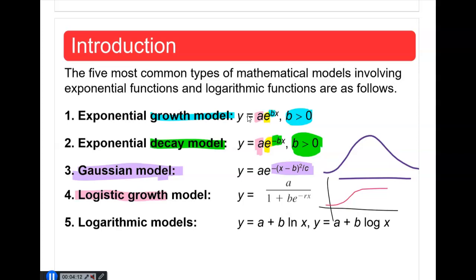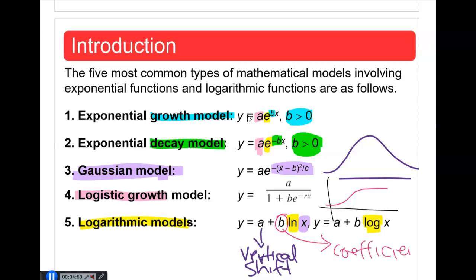And then, of course, we have the logarithmic models, which will have ln or log. Here, the independent variable will be x, and what you see here for A could be a vertical shift, and then B will be multiplying, so it's like a coefficient of, in that case, ln x.